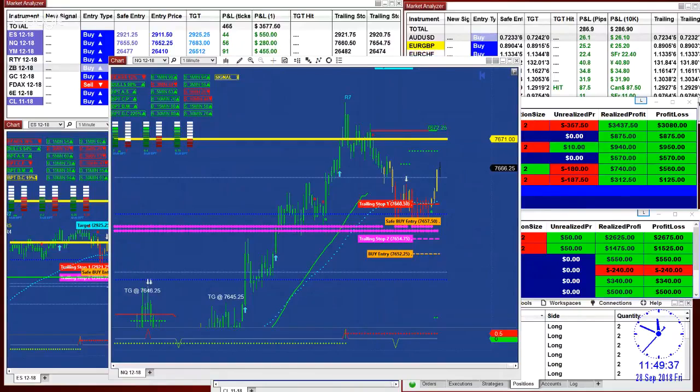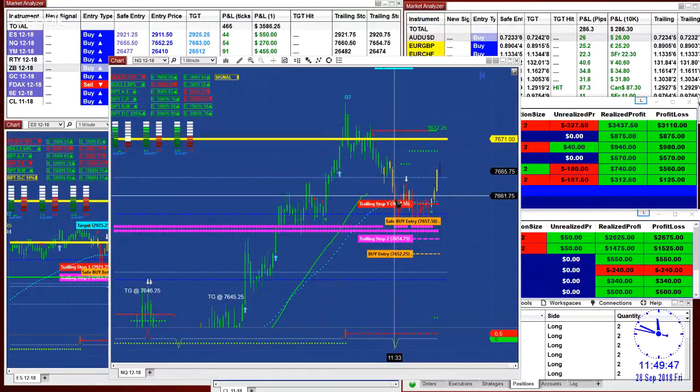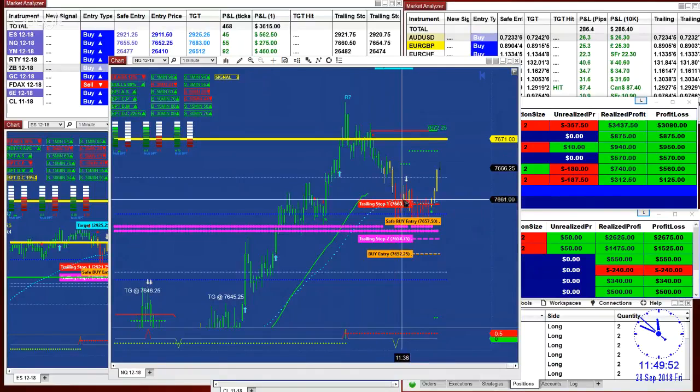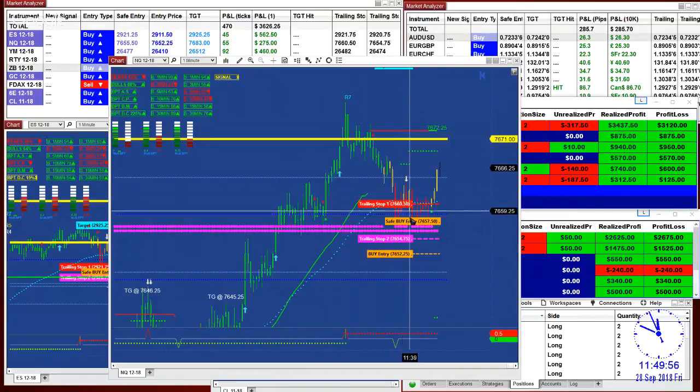By the time their MACDs and ATRs and all these whatnots we've seen lately get them into the trade, the market is pulling back. It's gonna knock them out of that trade.